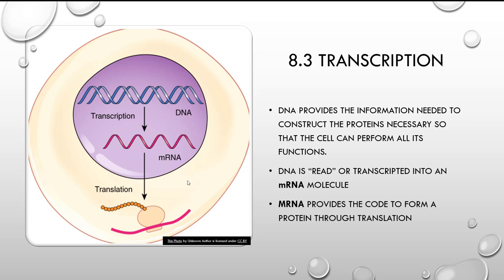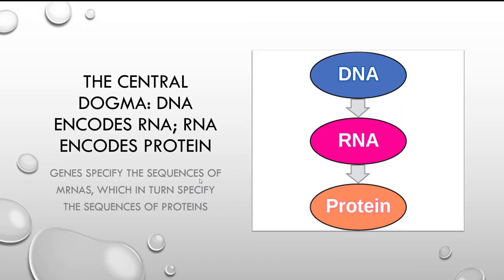All right, so let's get into the whole process. First off, let's talk about the central dogma. The central dogma states that DNA encodes RNA and RNA encodes protein. That's it.